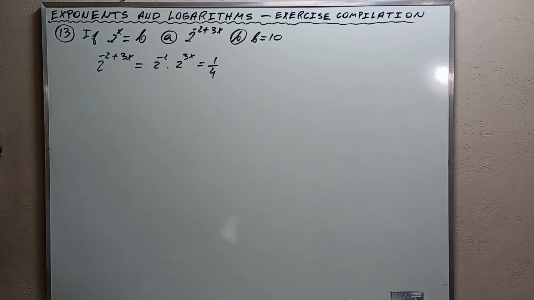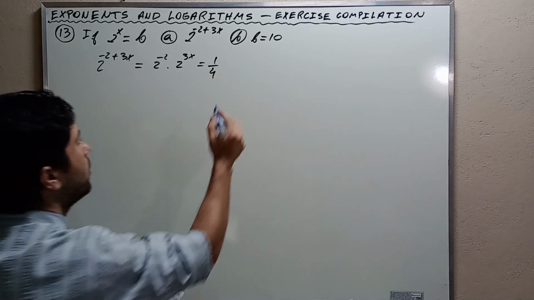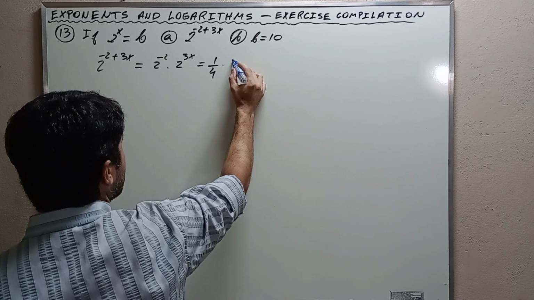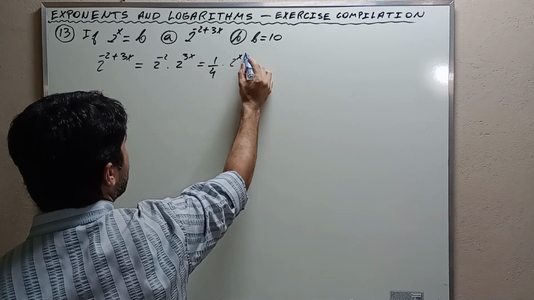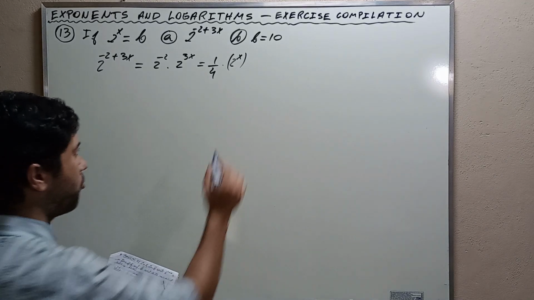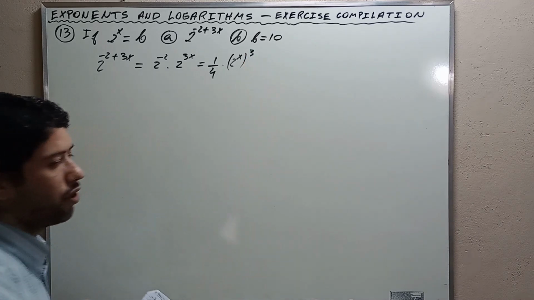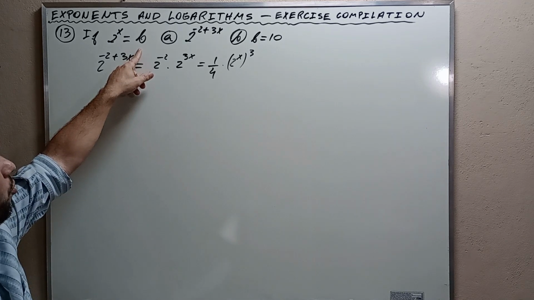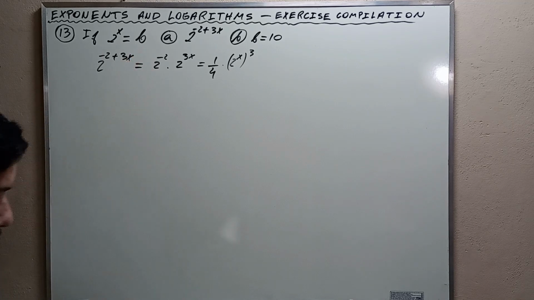We are going to isolate 2 to the x, all raised to the power of 3, or if you prefer, all cubed. And the exercise wanted us to use 2 to the x equal to b, so we are going to substitute.